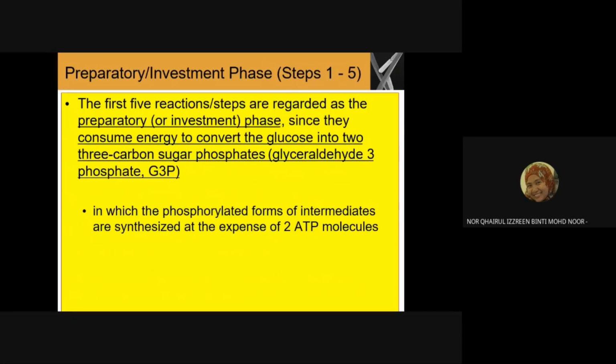In these intermediate reactions to produce glyceraldehyde 3-phosphate, you need 2 ATP molecules. This is why we call it the investment phase. So for the first 5 reactions, this pathway is going to use 2 ATP molecules.